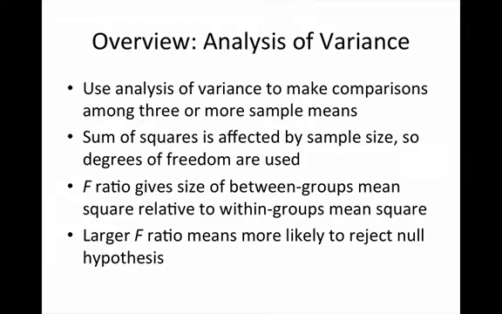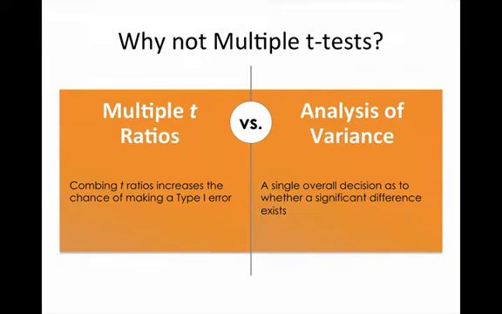And so a larger F ratio indicates that we're more likely to reject the null hypothesis. In analysis of variance, the null hypothesis is that the means of all groups are equal. And to the extent that we have really large between group differences relative to small within group differences, we're more likely to reject that null.